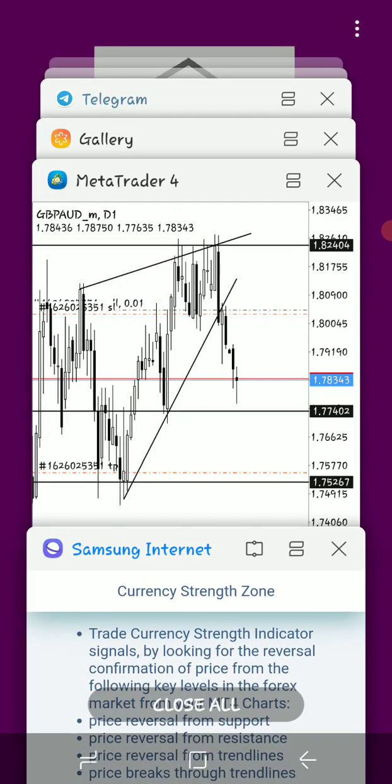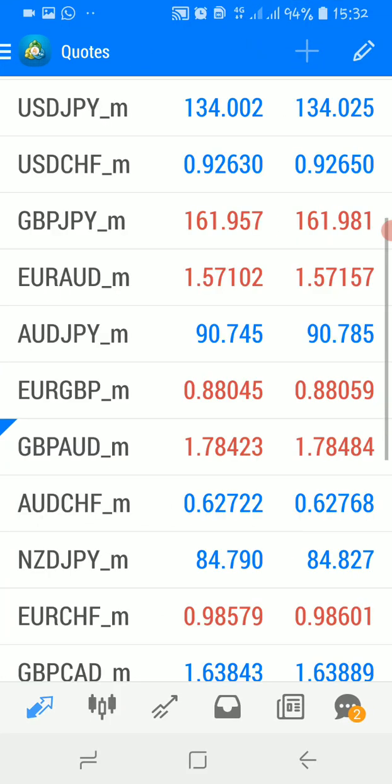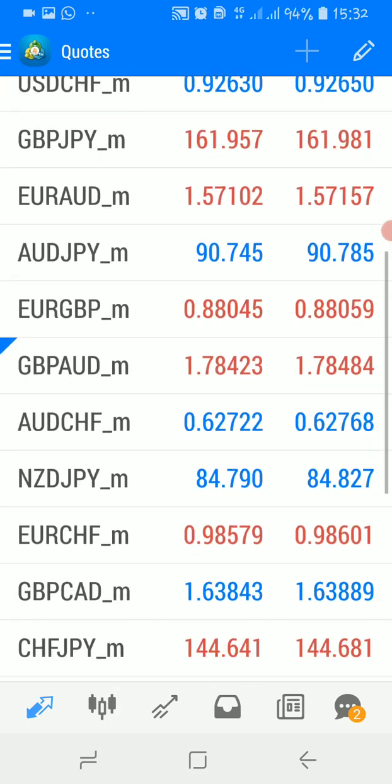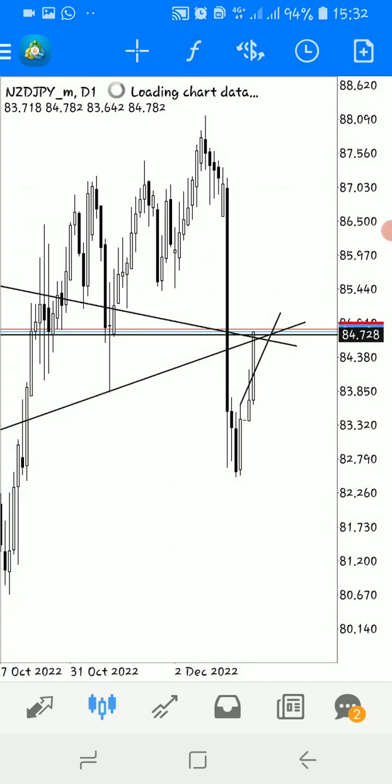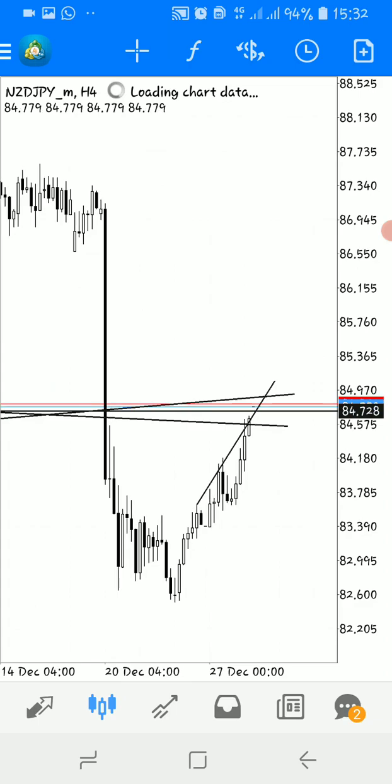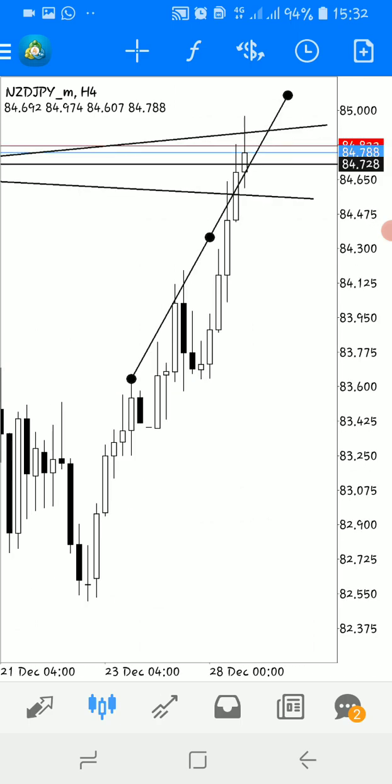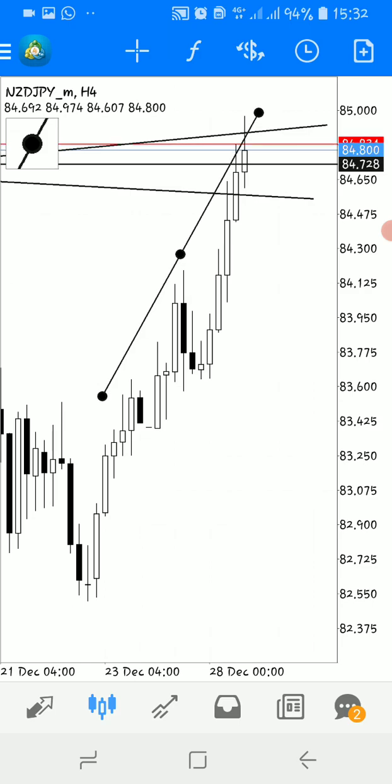You go to the chart, New Zealand JPY, then you confirm if you should place a trade or not.